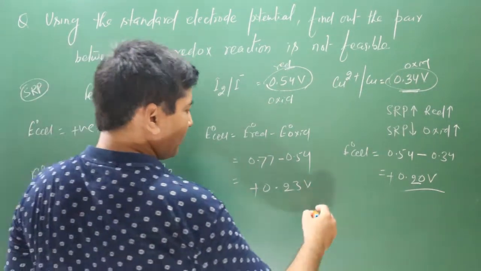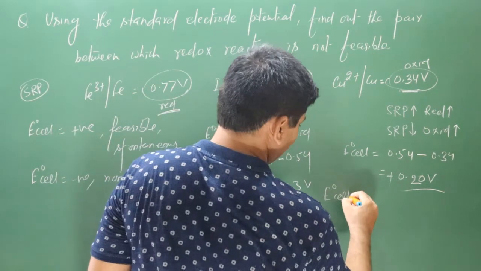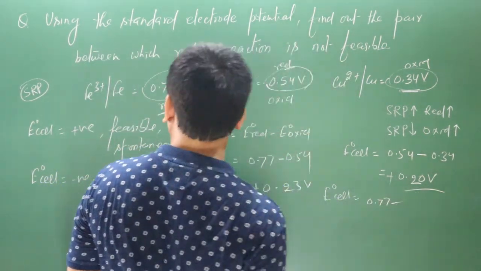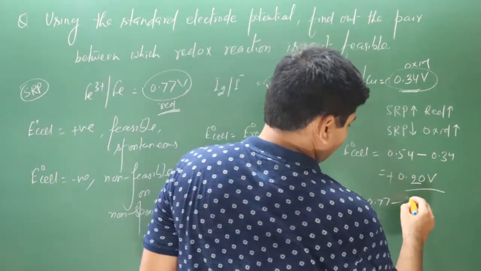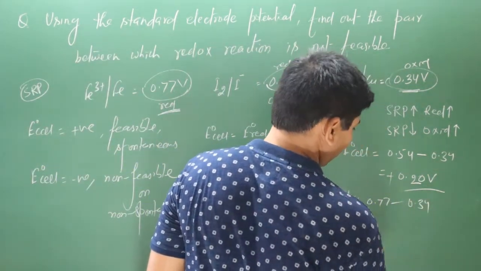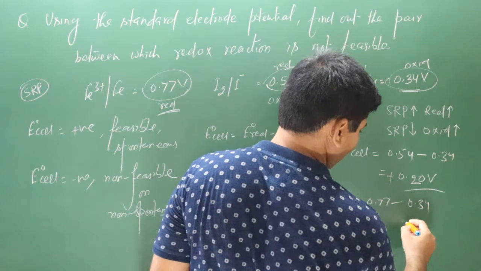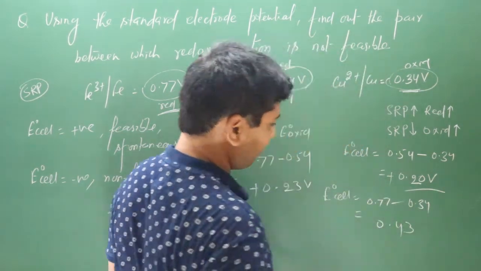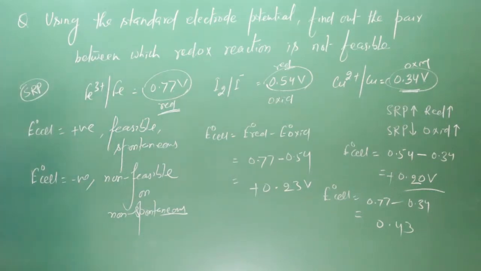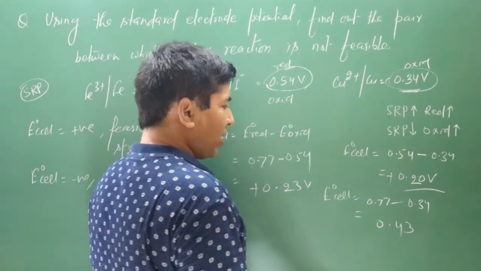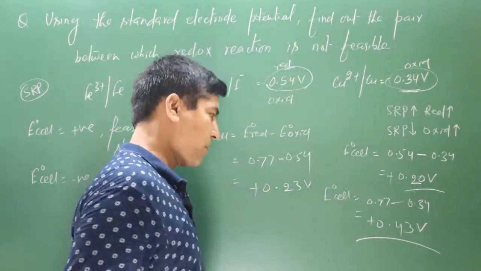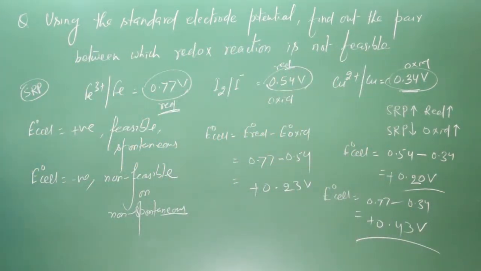So we have the formula E naught cell: E naught reduction 0.77 minus E naught oxidation 0.34. Subtracting, we get 0.43 volt. It is also a positive value.